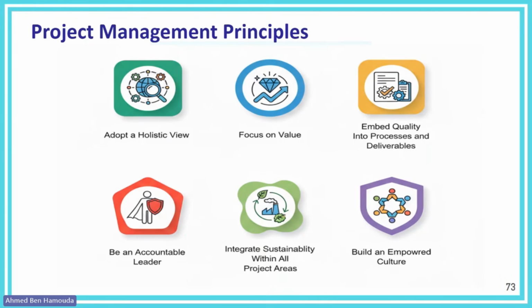I like that a lot. Each time I read it in the PMBOK, I really love it so much. Integrate sustainability within all project areas. So important. And by the way, sustainability can be even internal, within the organization. We have, I think, one or two case studies about that in our full training, and building an empowered culture.